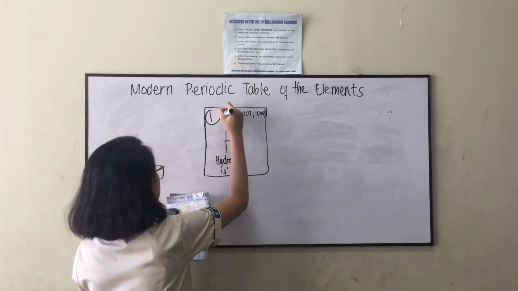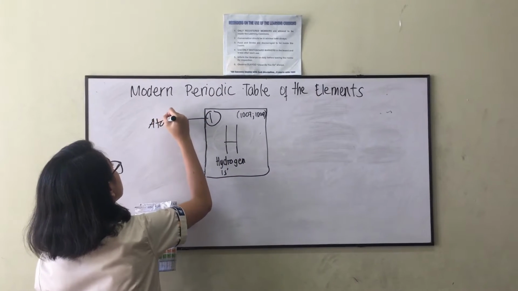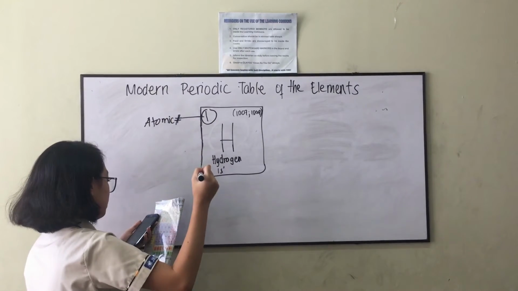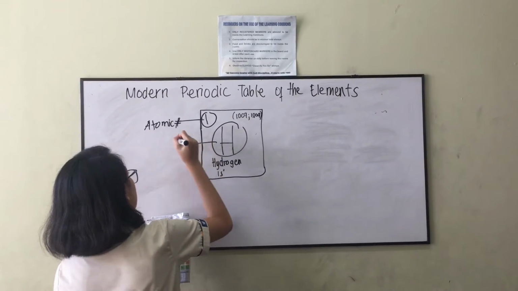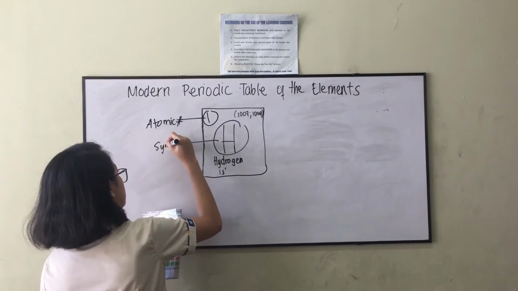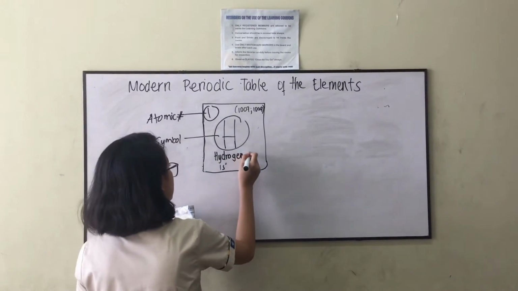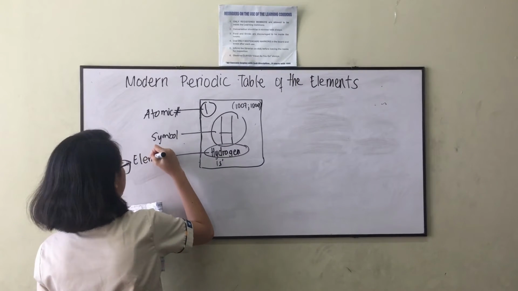Here, on the upper left side, is the atomic number. Below the atomic number, you will see a letter, and that is the symbol. Below the symbol, you will see the element's name.